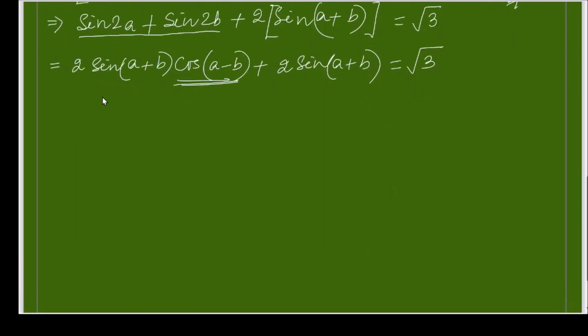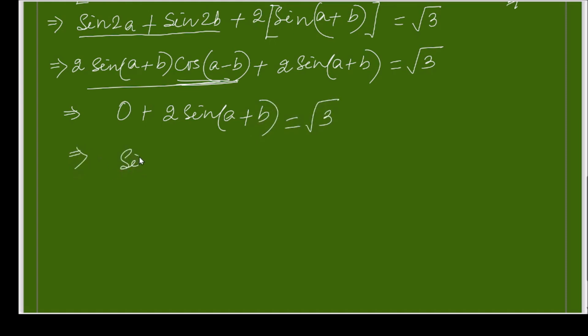So if you substitute here, the first term will become 0. 0 plus 2 sine (A plus B) is square root 3. So this gives us sine (A plus B) is square root 3 over 2. So this is the solution.